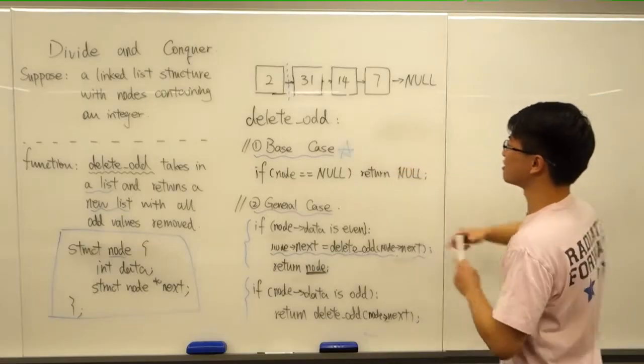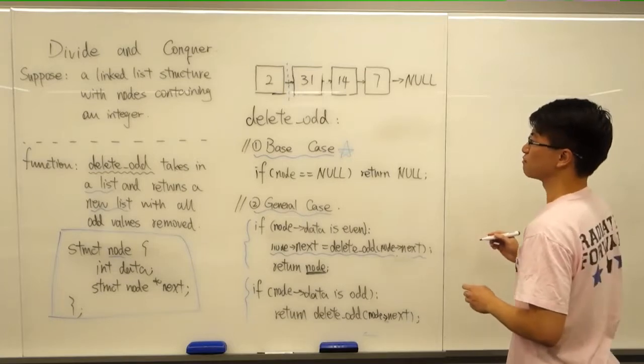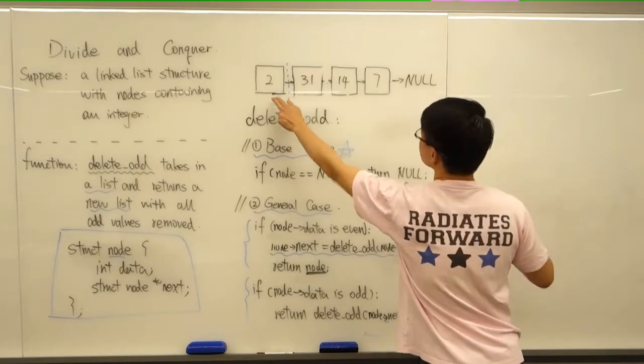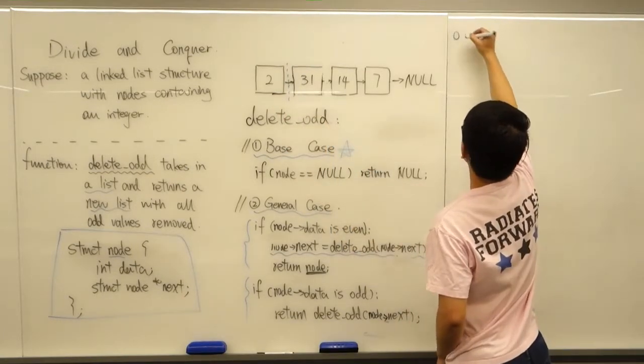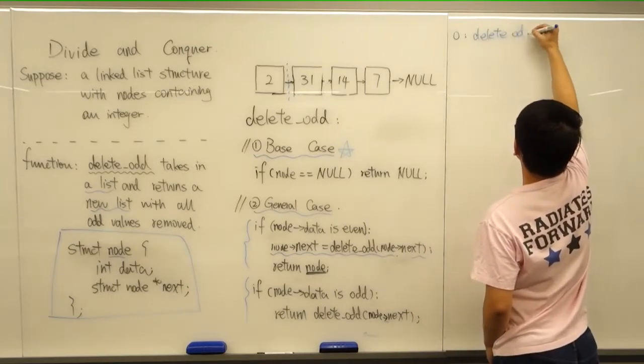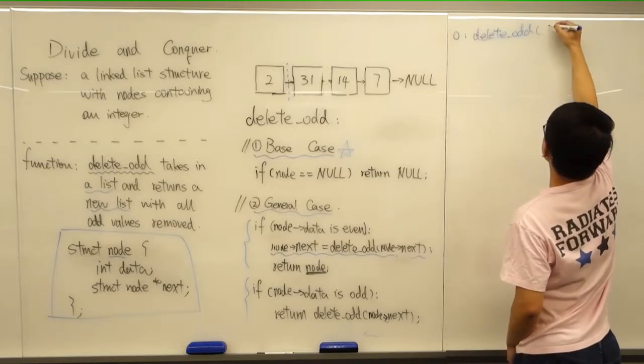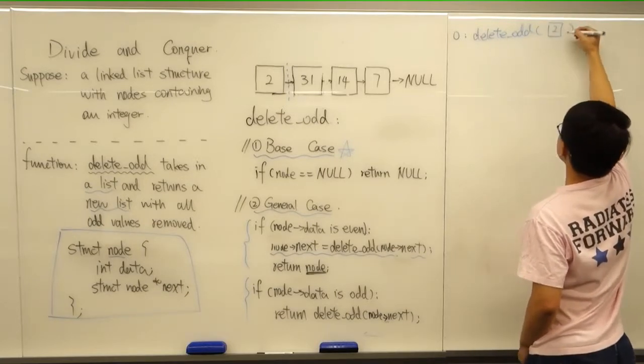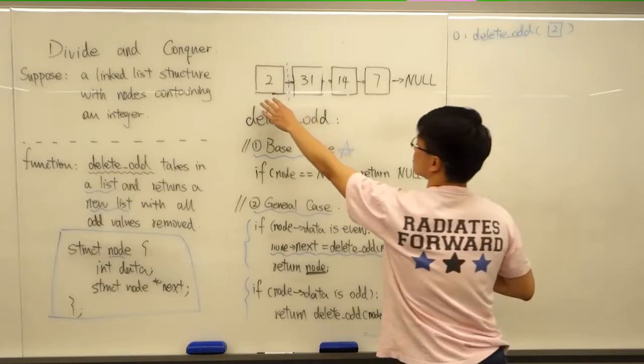Suppose we have a function, and we're going to step through the function calls one by one. In the first case, our first function call will be delete odd. Suppose we just take in 2. That means we're taking in this whole list.